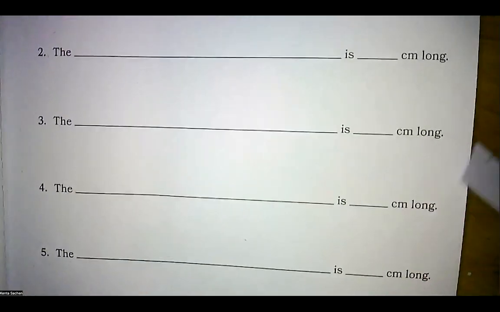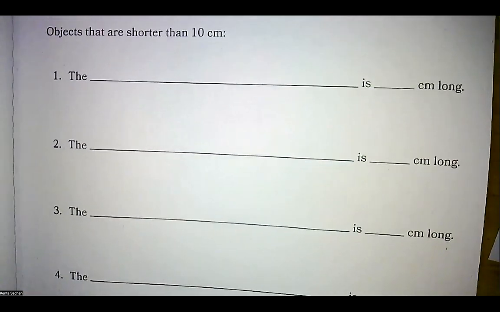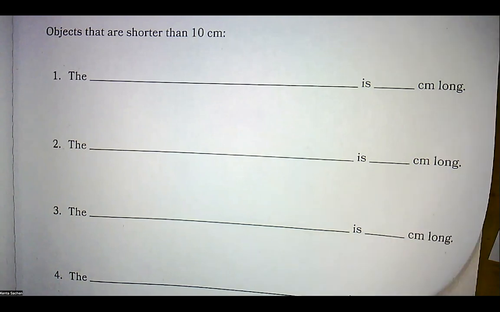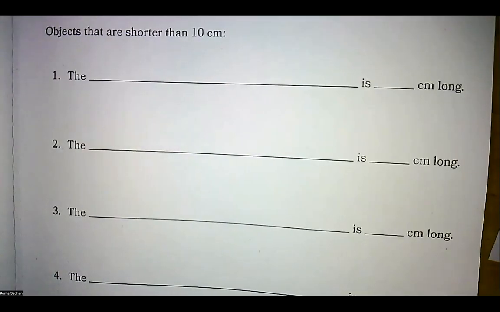See if you can find 5 different things. You're going to have 10 minutes, not centimeters, 10 minutes to work on this. When you finish, I want you to raise your hand for your teacher to come check you off. Okay.